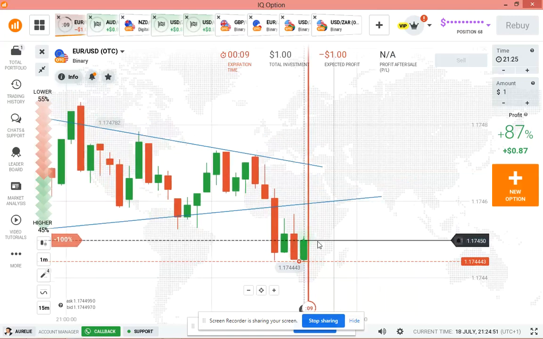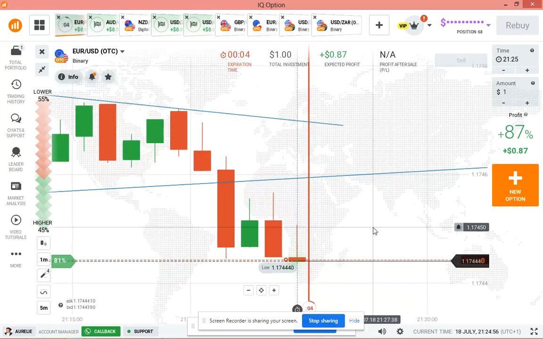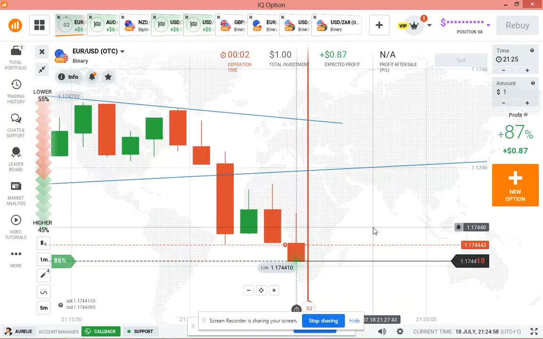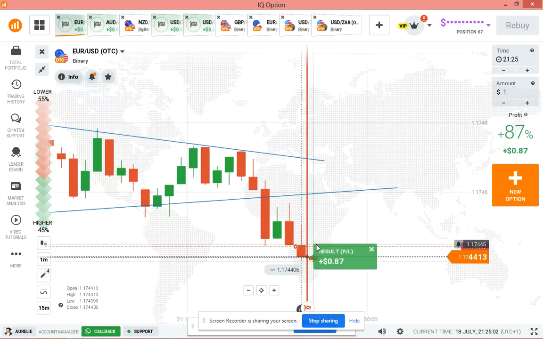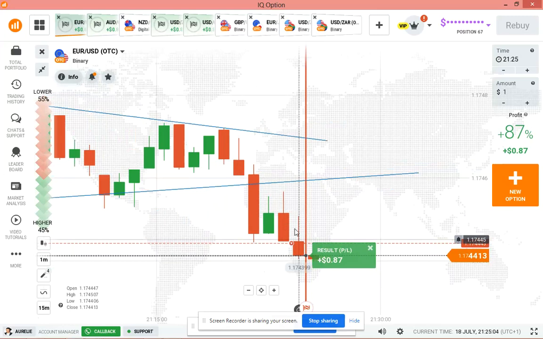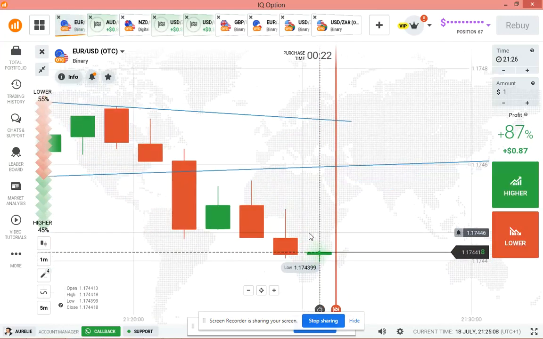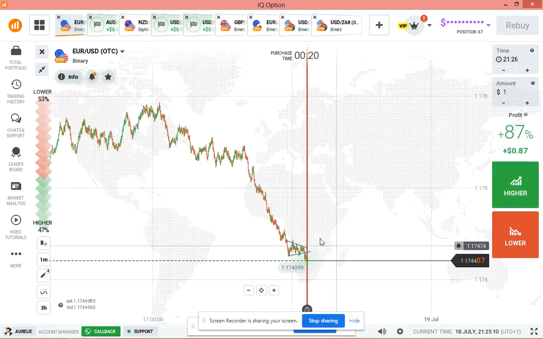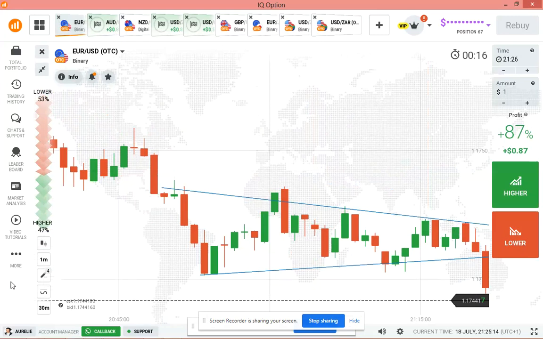The market is consolidating. You can see what happened. Okay, actually the market is not consolidating, it's still going down. I still don't have enough information to check if the sellers will really go down. But let me check where the market is going to end.